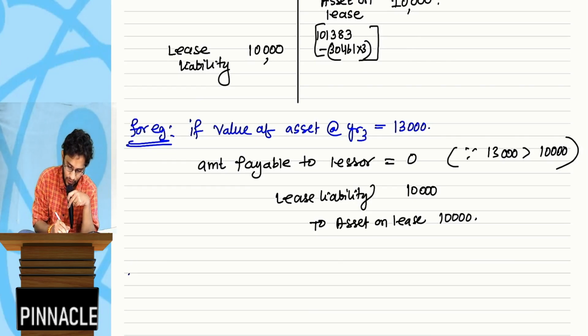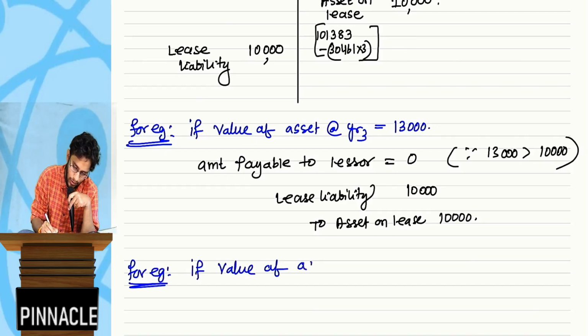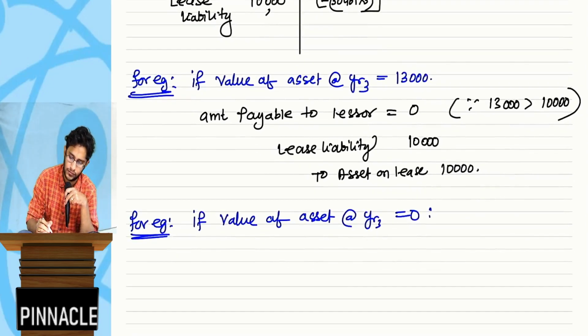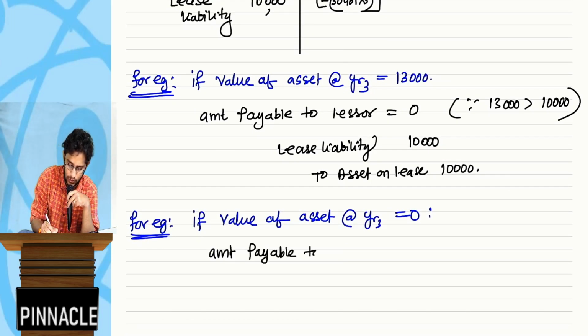Next. For example, if the value of the asset at year 3 is equal to 0. Sir, how much do I have to pay? Very nice. Amount payable to the lessor is equal to 10,000.